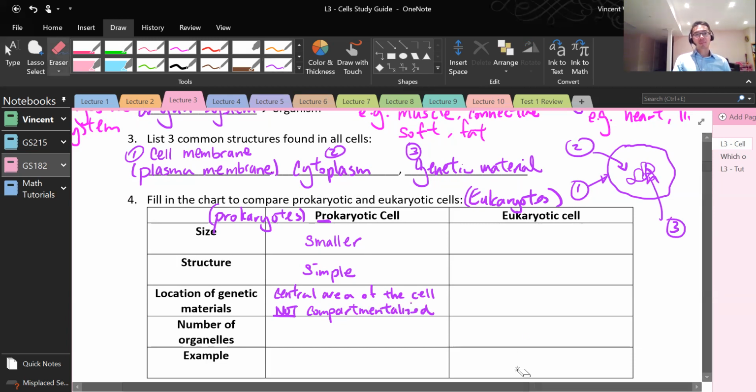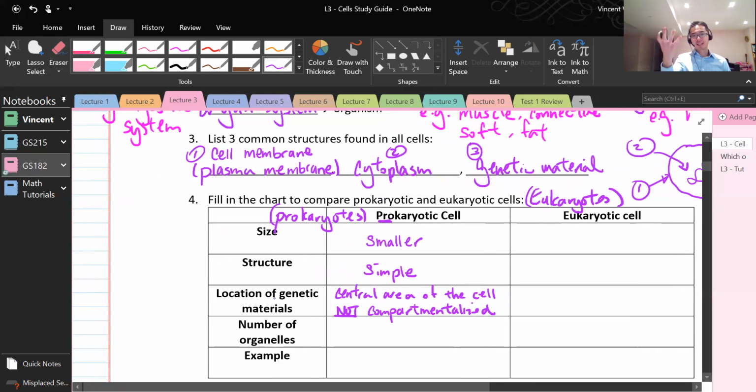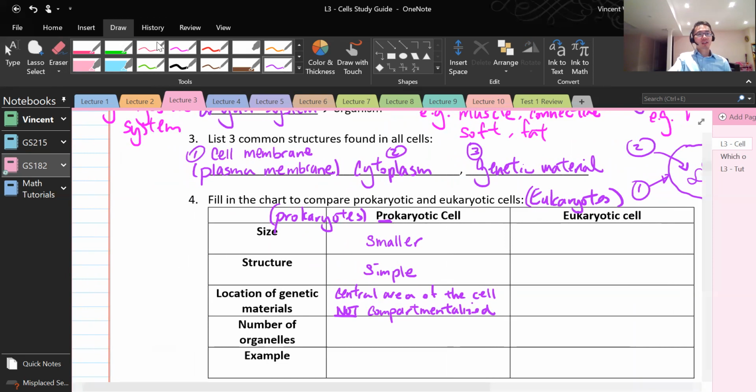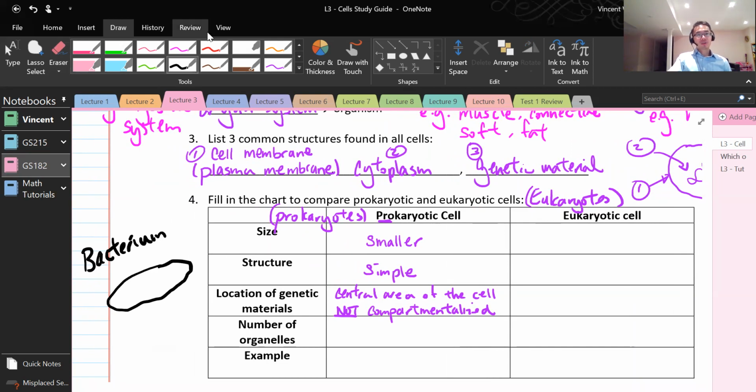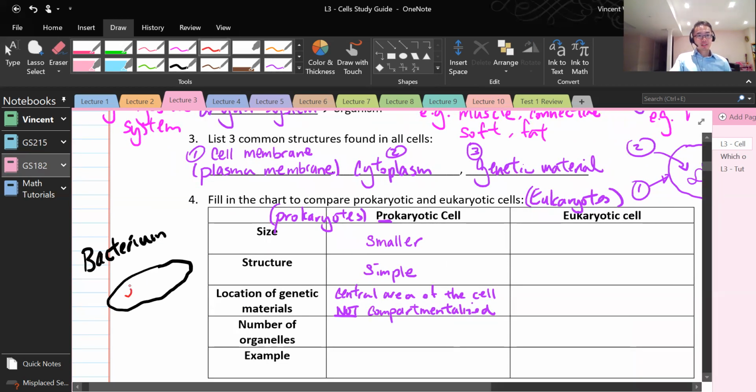There's no separate structure to keep it in place. If you think of a bacterium, bacterium is the singular of bacteria. If you have more than one, it's called bacteria. You would have the genetic material in the center.